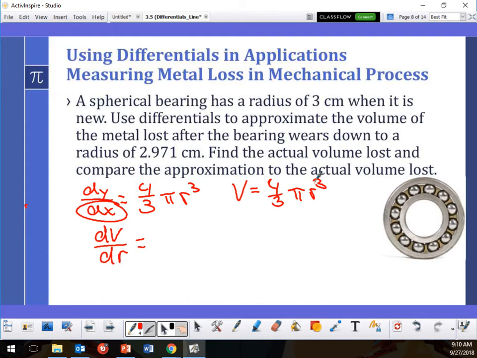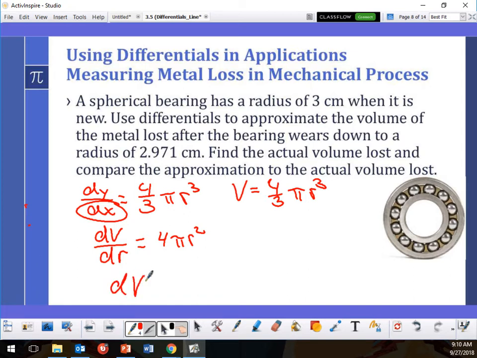So it's going to be 4 pi r squared. Now the dr represents the change in r, right? Yes. Okay, so I'm going to move this to the other side.